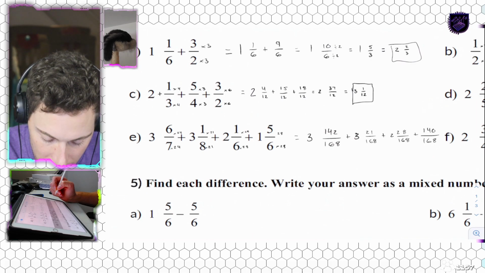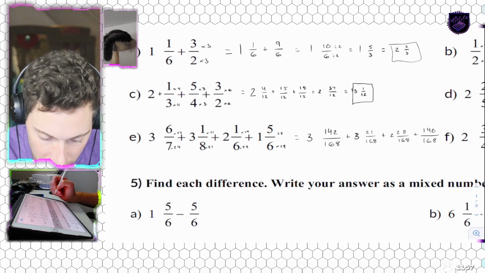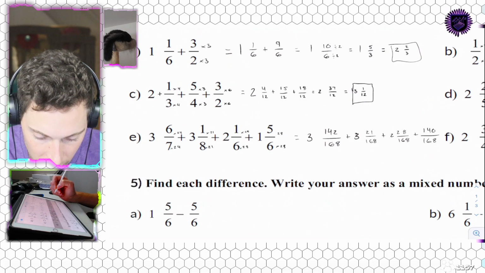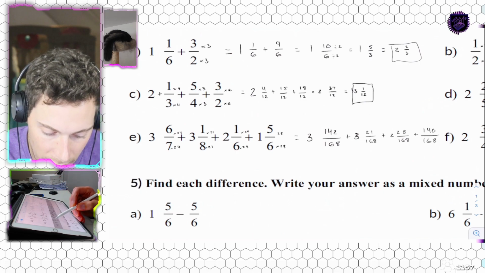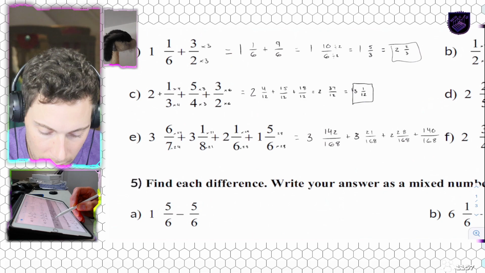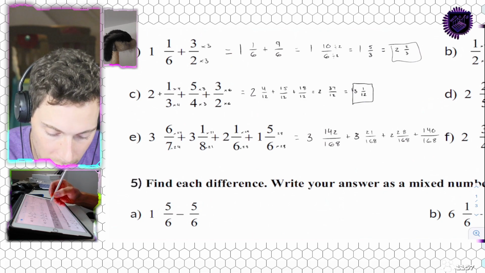Hold on. 6 times 20 is going to be 120, 124. Interesting. My first one here, 6 times 24 would be 144.